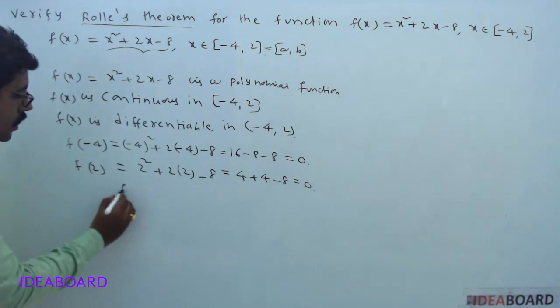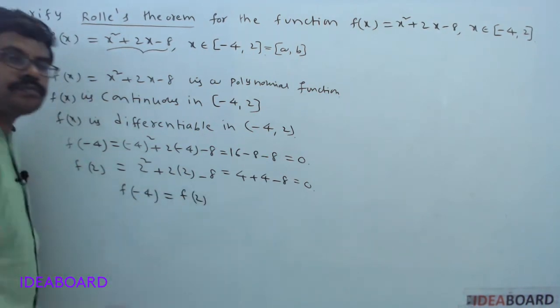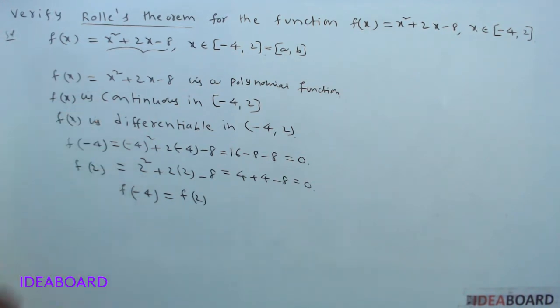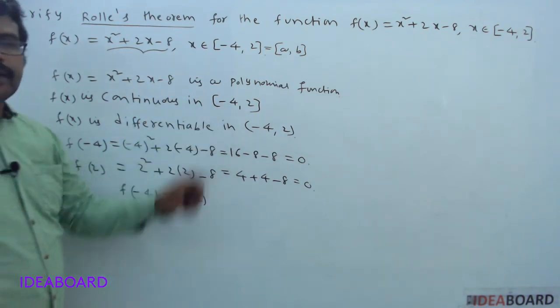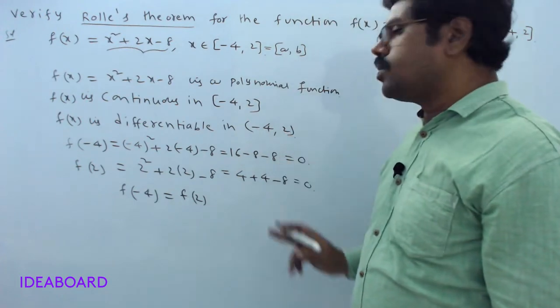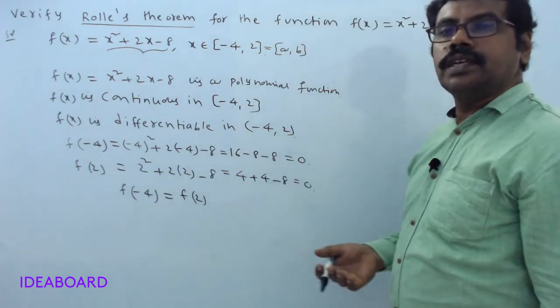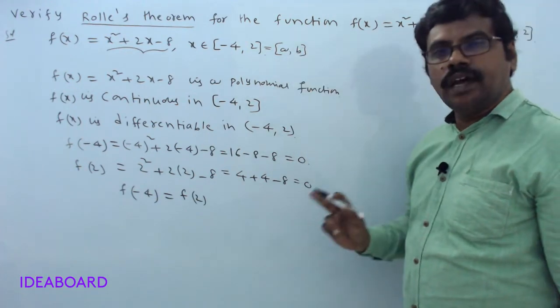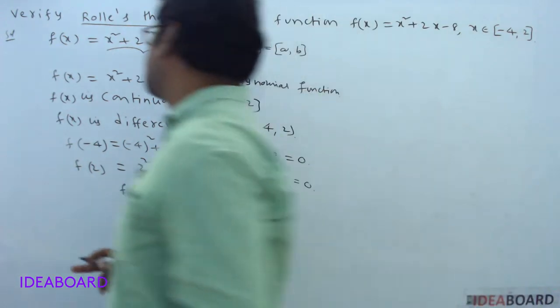So clearly f(-4) equals f(2). Now by this observation, f(x) satisfies three conditions: continuous in the closed interval [-4, 2], differentiable in the open interval (-4, 2), f(-4) equals f(2). So we say that Rolle's theorem is applicable to the given function f(x). So make that statement.